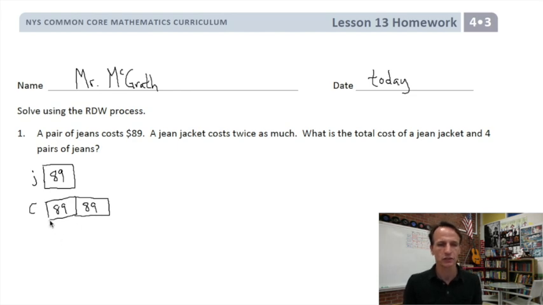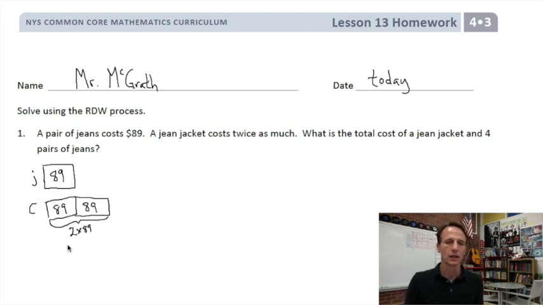We can take a moment here to save us a little brain power later on and say that the coat is going to cost 2 times $89. Now what we're trying to find is the total cost of a jean jacket and 4 pairs of jeans.